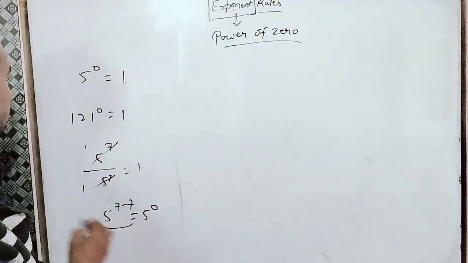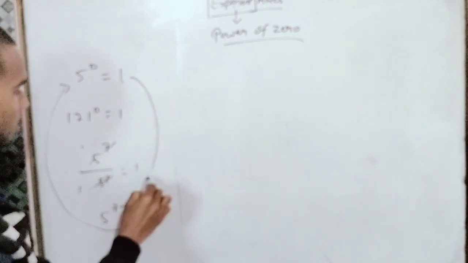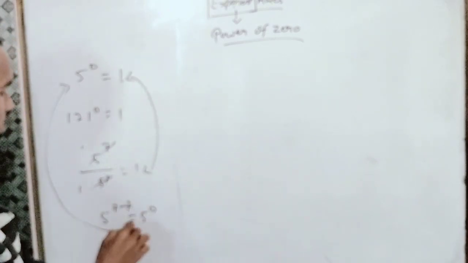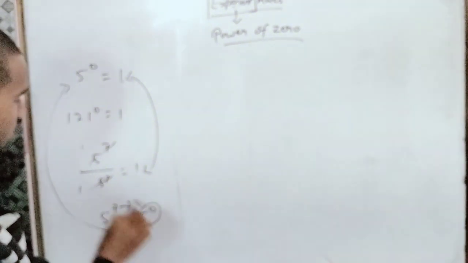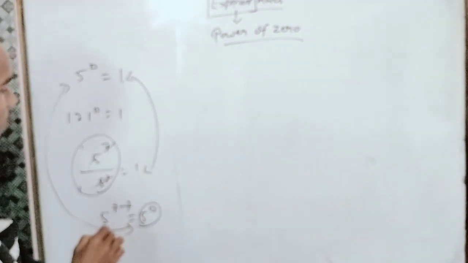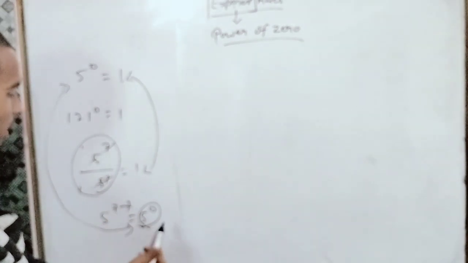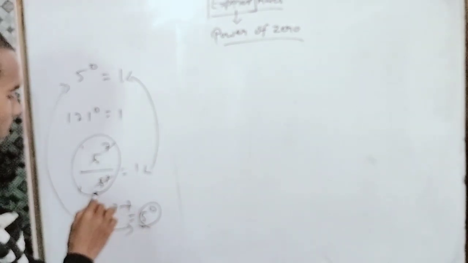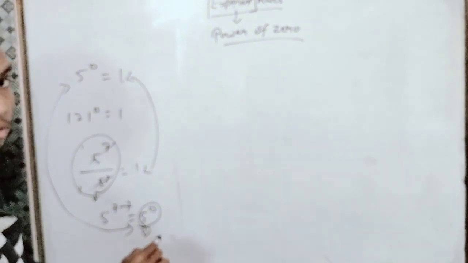Then LHS and RHS are equal. The meaning of this and this is the same. You can write it like this.